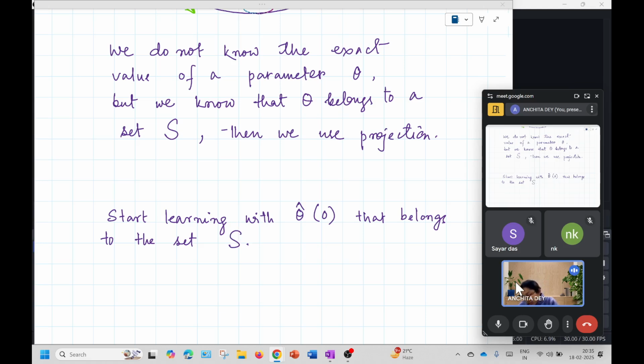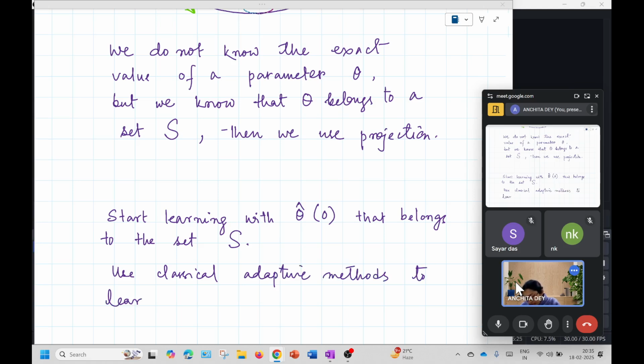So then we use the classical adaptive methods to learn theta, right?